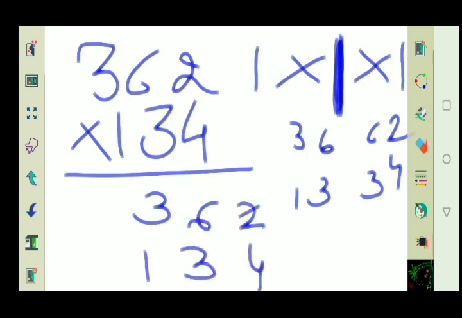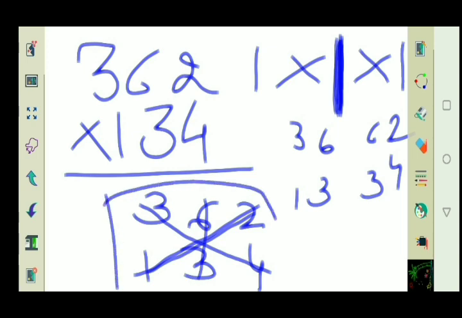What we are doing? End numbers diagonal wise, then the second set of end numbers diagonal wise, and this middle number vertical, and we will be adding all these. So here we will be getting one more set.